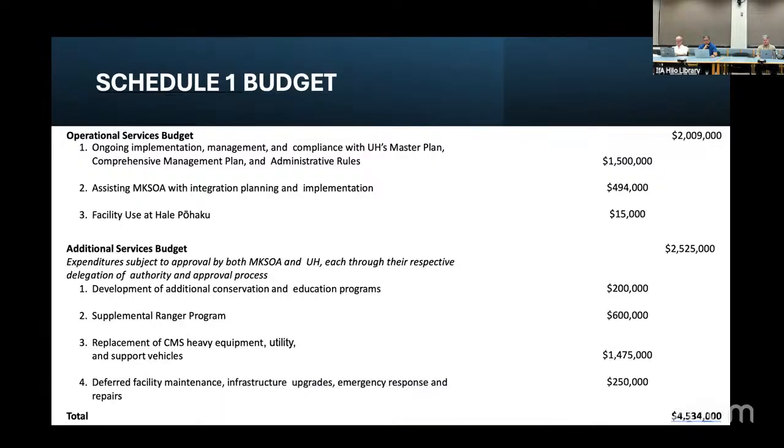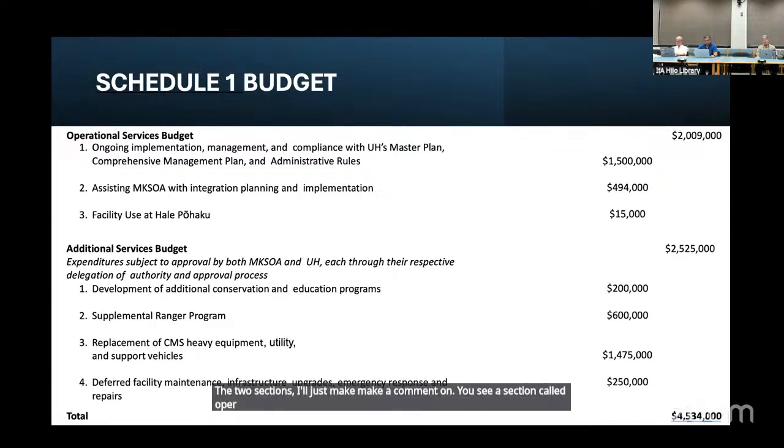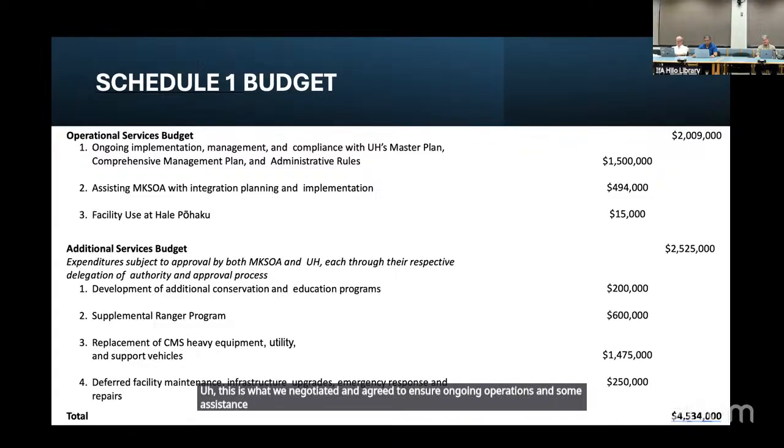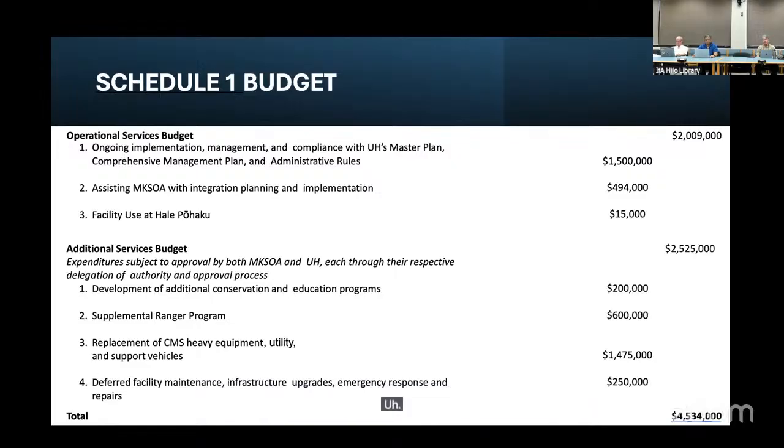The two sections I'll just make a comment on: you see a section called Operational Services Budget. This is what we negotiated and agreed to ensure ongoing operations, and that some assistance to them with their planning and implementation are addressed and accounted for.